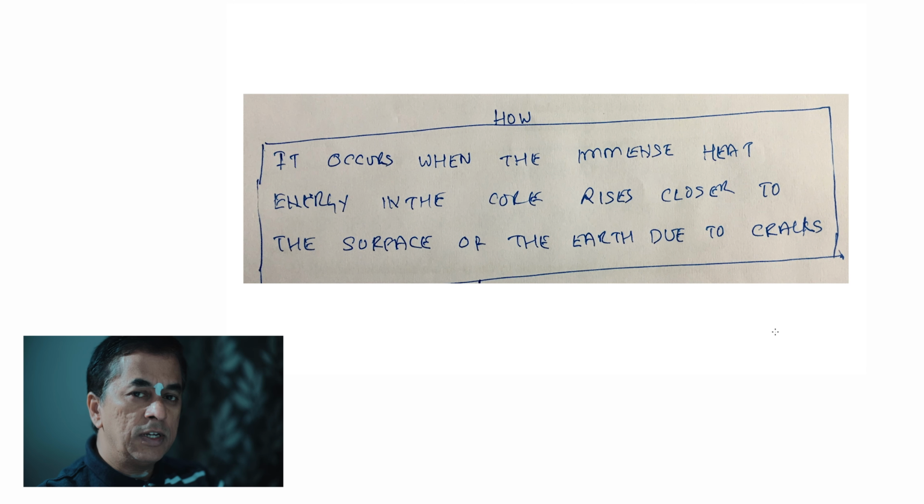Then how has this come into the picture? It occurs when the immense heat energy in the core rises closer to the surface of the earth due to the cracks, as I explained just now.